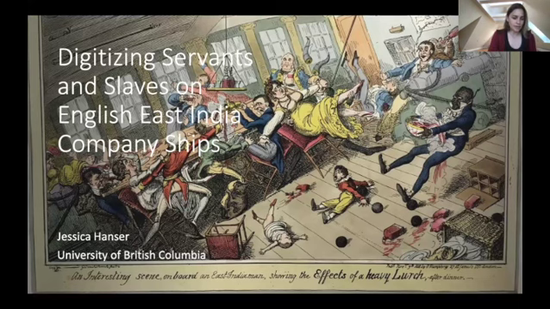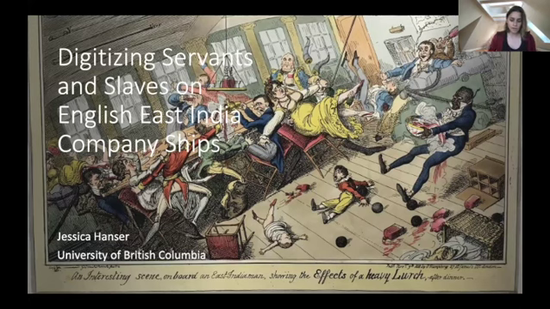So I'm working on a project to digitize and make publicly available a data set created in collaboration with Paul Van Dyke from British East India Company ship's logs, China factory records, and the wills, the probate records of East India Company personnel who were working and living in China in Guangzhou.